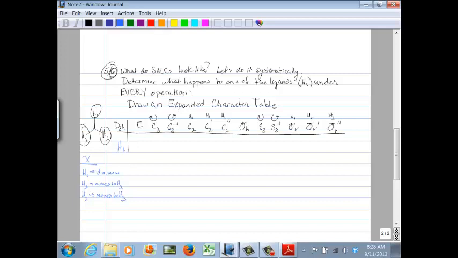So, what's E? C3 clockwise, according to my drawing, H1 moves to H2. C3 counterclockwise, H3. C2 in the H1 axis. C2 in the H2 axis.